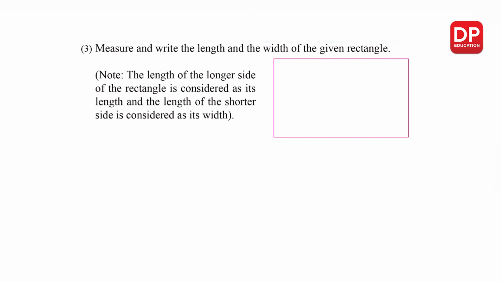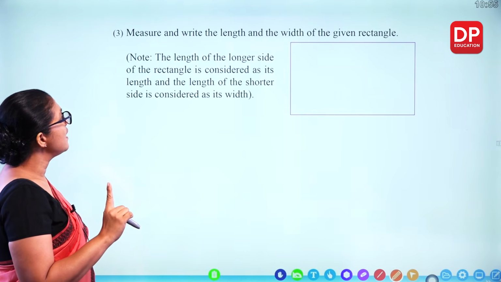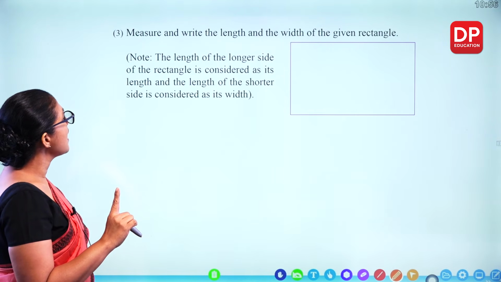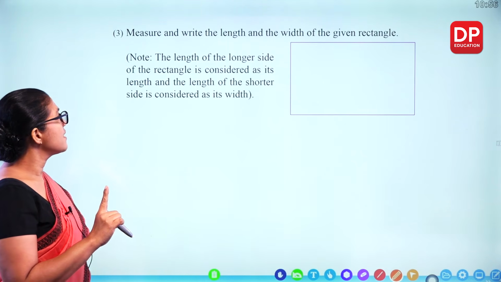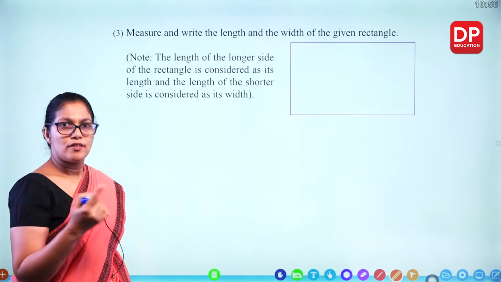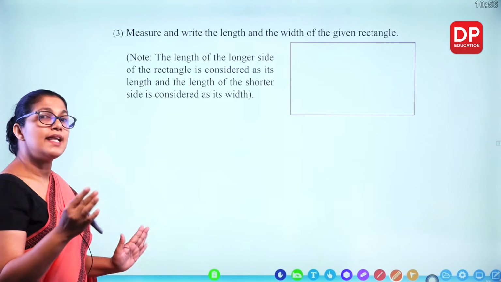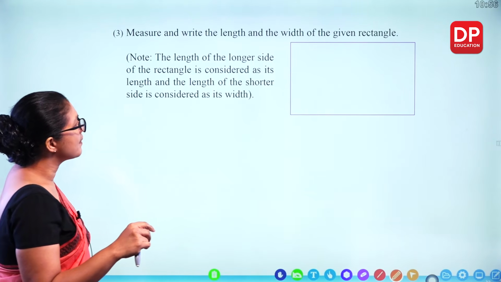Measure and write the length and the width of the given rectangle. Note, the length of the longer side of the rectangle is considered as its length and the length of the shorter side is considered as its width. So normally we say the longer side is the length, the shorter one is the width.